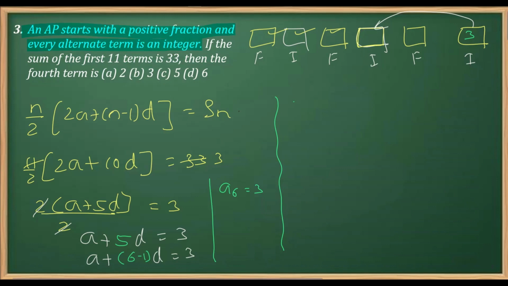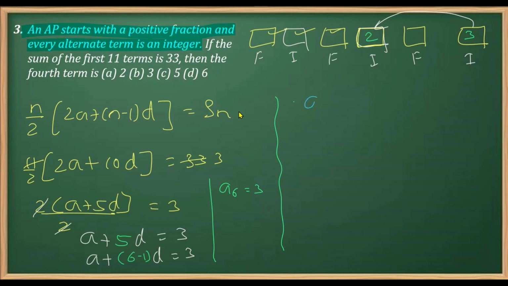So if this is a positive integer, the preceding one has to be 2. So this is what we can guess.